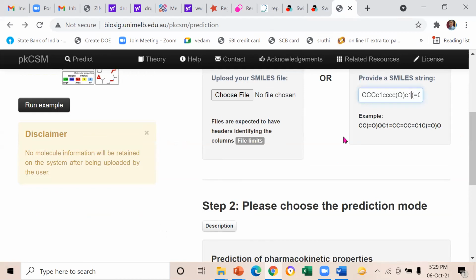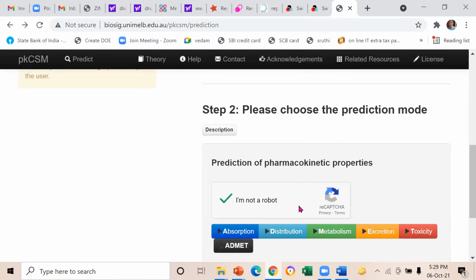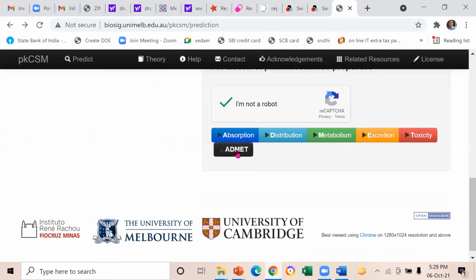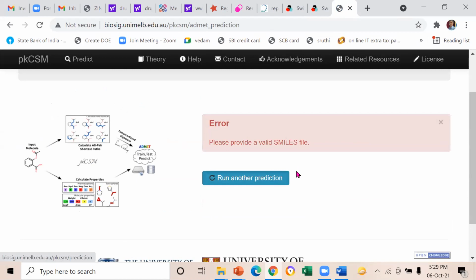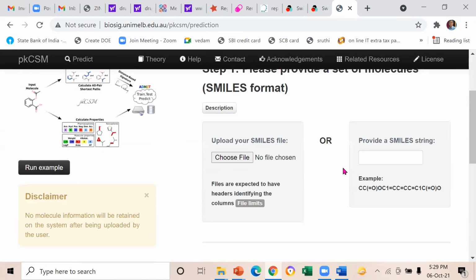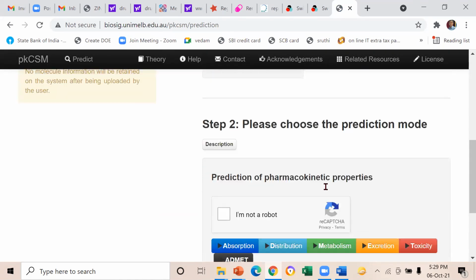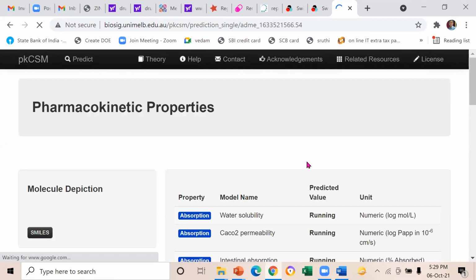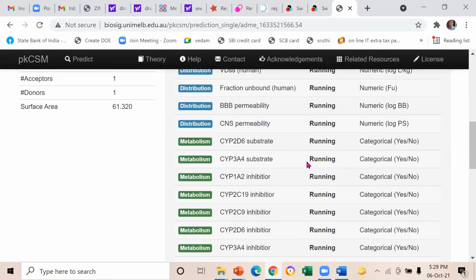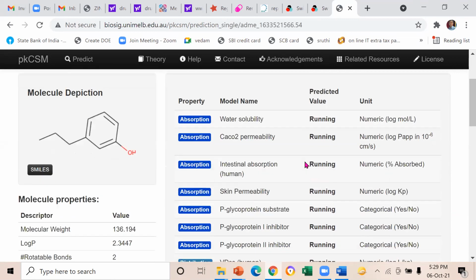So we can copy the SMILES notation and then run the ADMET properties of that new molecule which I drew. So yeah, it's running. All these software will look for SMILES notation, so that means SMILES notation is very, very useful for you.